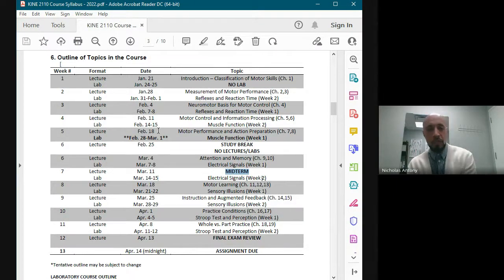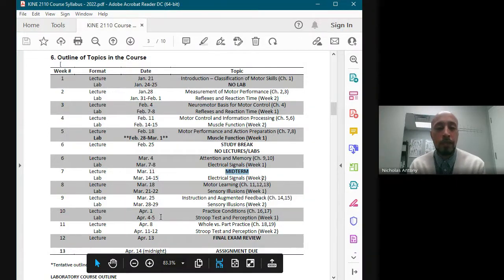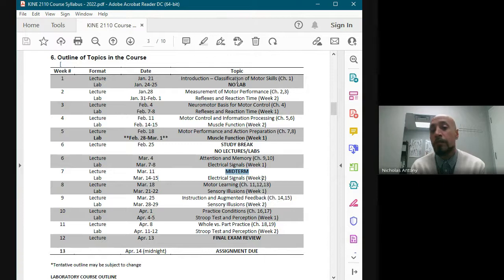Okay, so this is the schedule breakdown of the semester, and here we are right today. Technically, labs would have started in 2 weeks, on the 31st and the 1st of February. But like I was saying, the labs are all virtual now. So you would all start the lab here, and it's going to be due in 2 weeks, before the start of what would have been the second lab.